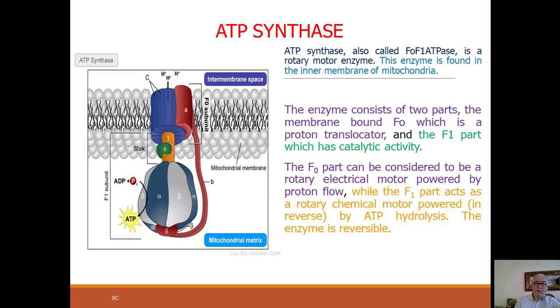To synthesize ATP, both the F0 subunit and the F1 subunit of ATP synthase must work together.